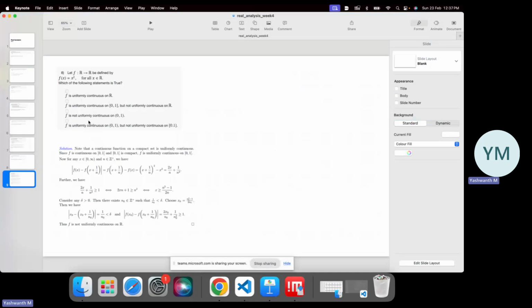So here f is uniformly continuous on closed [0,1] but it is not uniformly continuous on R.